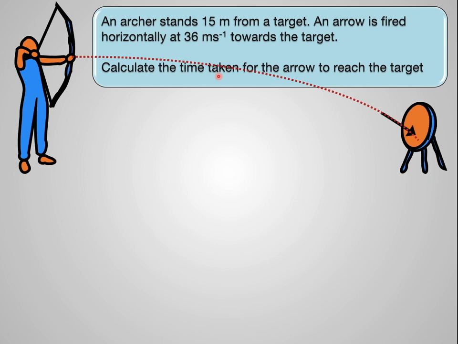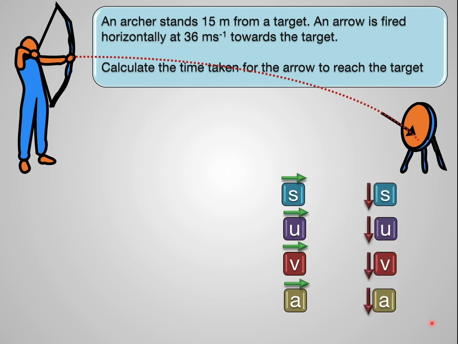That means if you are asked to find time in any of the projectile questions, you can use either the vertical equation or the horizontal equation, because time has no vertical or horizontal. I'm going to write SUVAT, but remember, in the last topic we wrote SUVAT just once because it was all in one direction. Now you need to write SUVA twice, for the horizontal direction and for the vertical direction, but time is just one because it's a scalar.